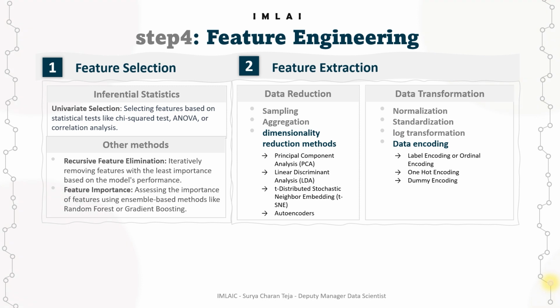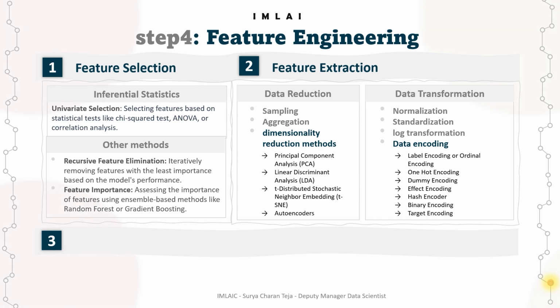Then dummy encoding, again for nominal variables. Then effect encoding, hash encoder, binary encoding, and target encoding. These are the encoders that we use under feature extraction, and we use these techniques to basically convert a variable into a proper feature.